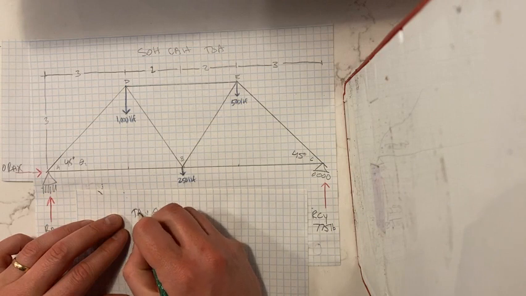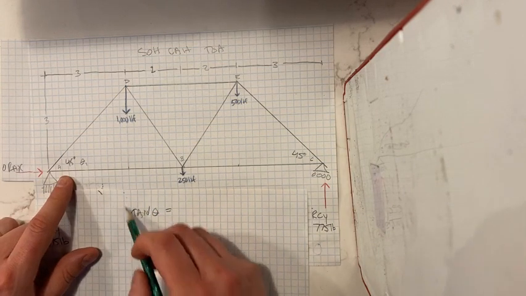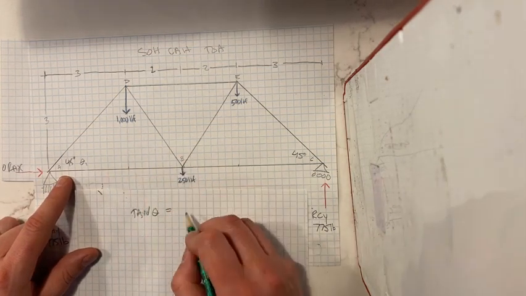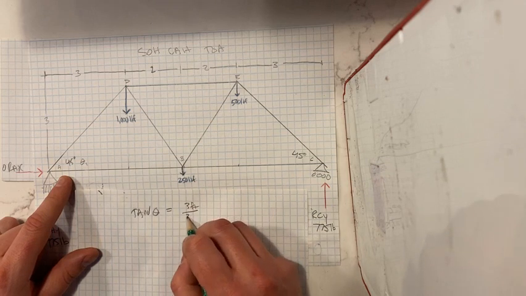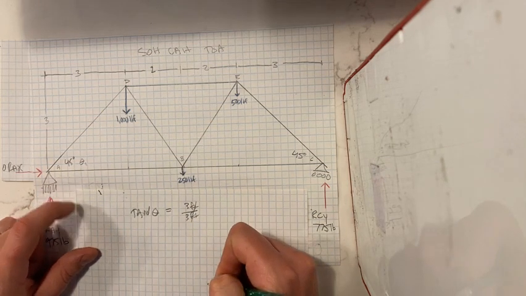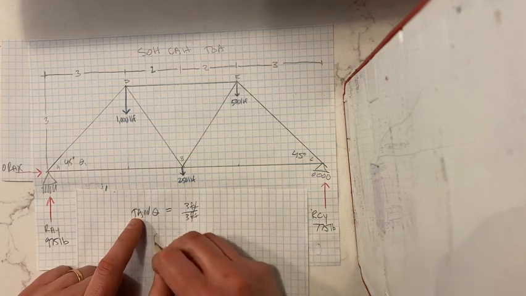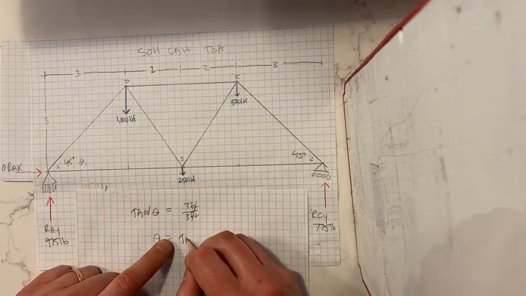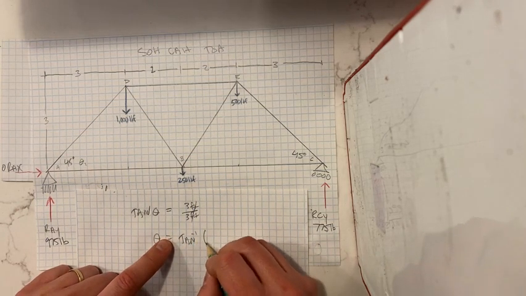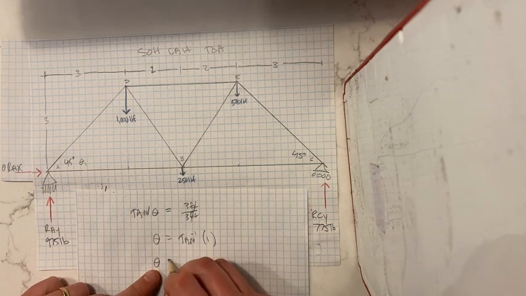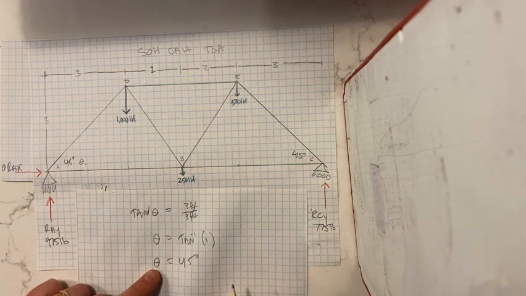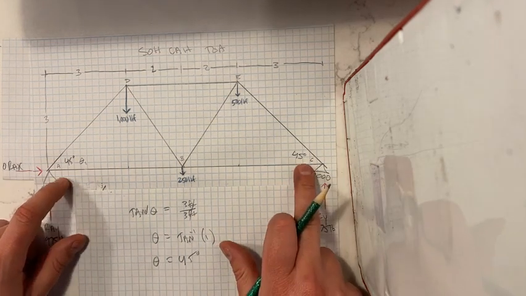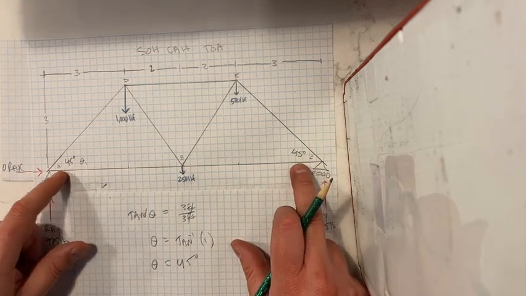So the tangent of theta is the opposite over the adjacent, and we know that's 3 feet over 3 feet. Feet cancels out. So theta is going to equal the arc tangent, the inverse tangent of 1, which is 45 degrees. All right, so A and C are both going to be 45 degrees.